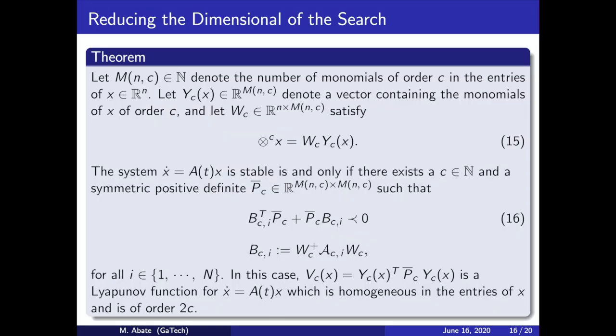As such, our second result is to show that a vector containing the c-th order monomials in x will also behave in a linear switched manner. Thus, the search for high-order homogeneous polynomial Lyapunov functions for the initial switched system x dot is equal to Ax can be cast as the search for quadratic Lyapunov functions satisfying the meta-Lyapunov constraint 16.